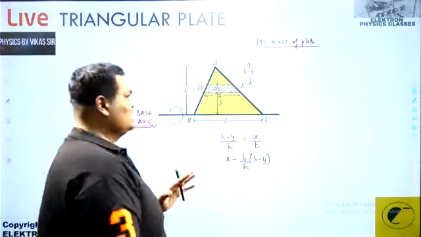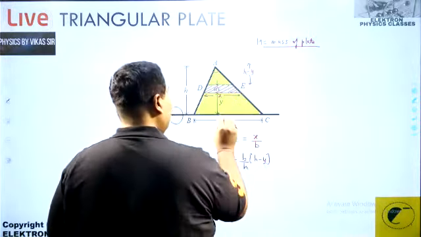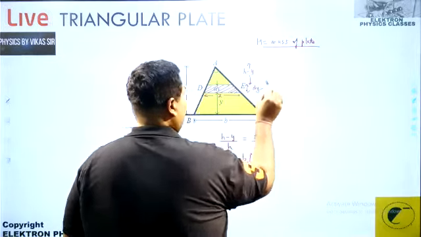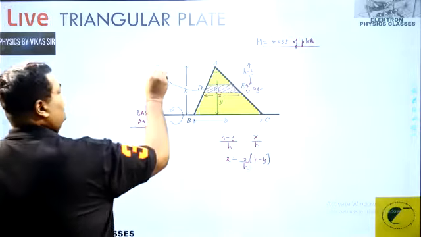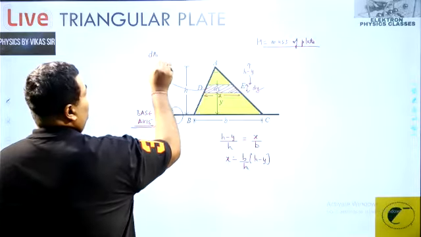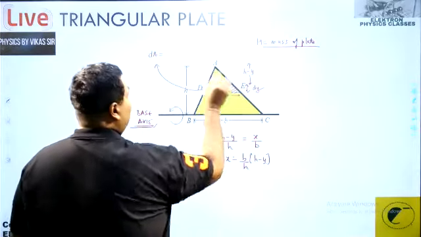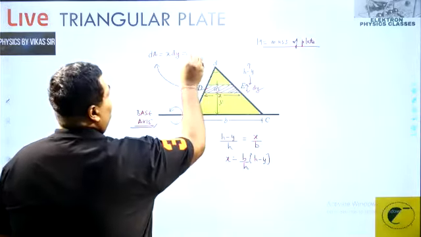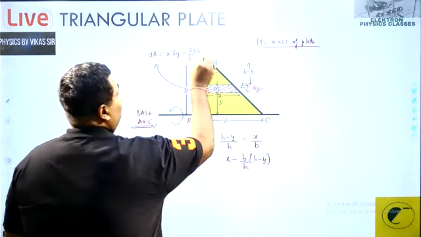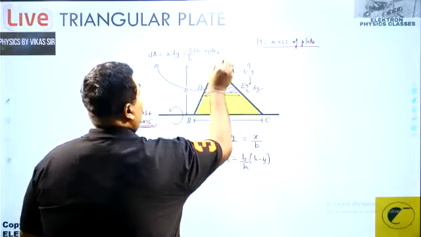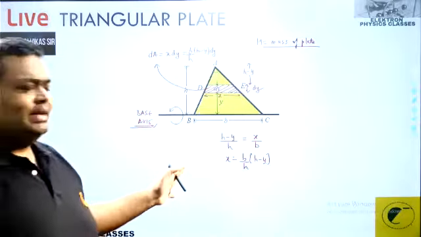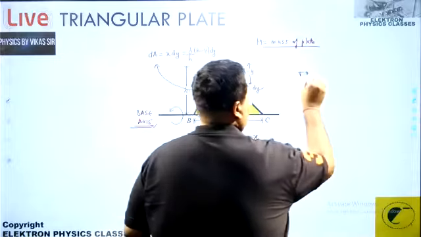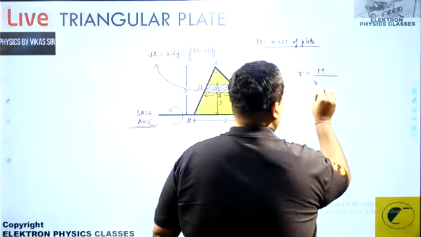Now once I get a value for x, I can find the area of this strip. This is y, so this small length is taken as dy. So the area of the strip, dA, will be equal to x into dy, where x we have calculated as b upon h into h minus y, into dy. Once I am through with this area, I can use sigma, because it's an area element, as equal to total mass upon total area. What is the total area?